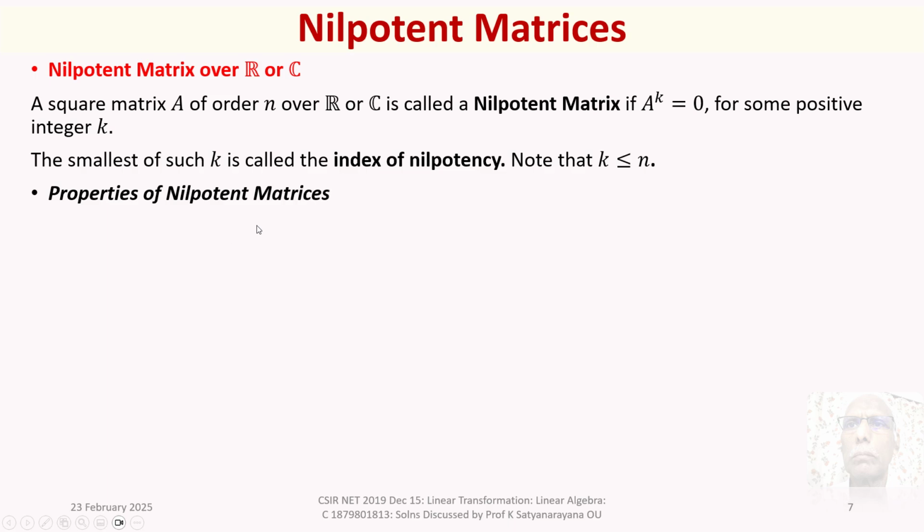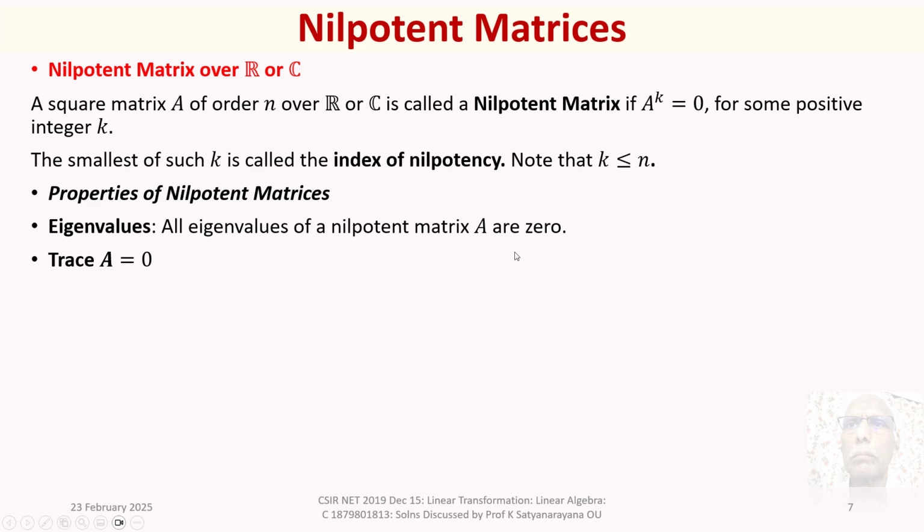The properties of nilpotent matrices. What are the eigenvalues of a nilpotent matrix? All the eigenvalues of a nilpotent matrix A are 0. When all the eigenvalues are 0, what is the trace? Trace is the sum of all the eigenvalues, therefore 0. What will be the determinant?